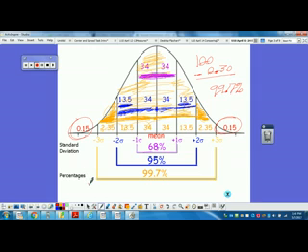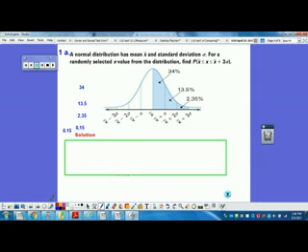All right. We're going to get very used to drawing these curves and labeling them with their percentages and the mean and the standard deviations. First example here, part A: a normal distribution has mean of x bar and a standard deviation.